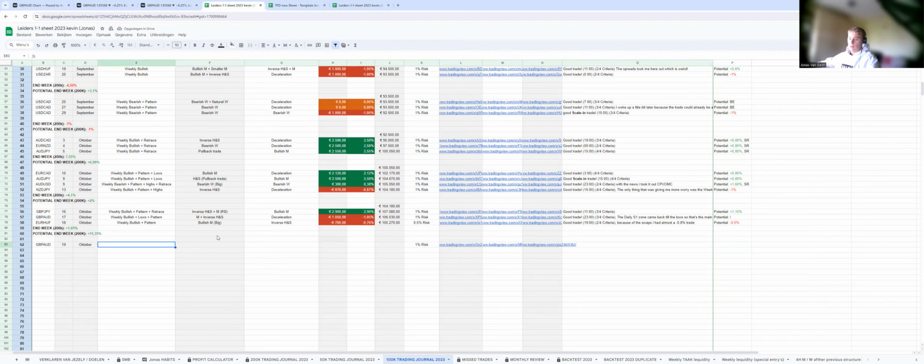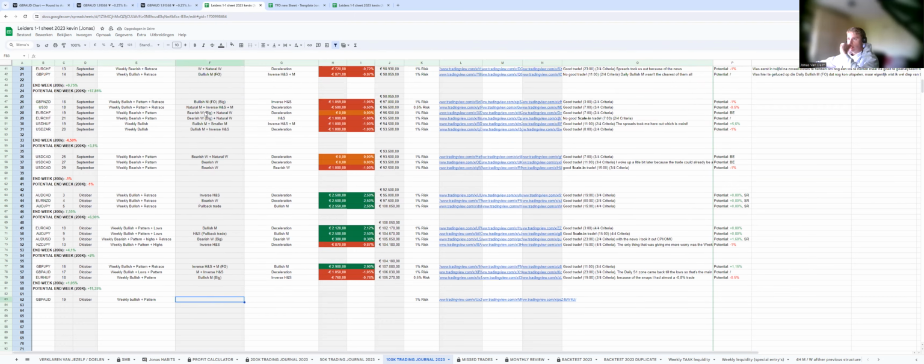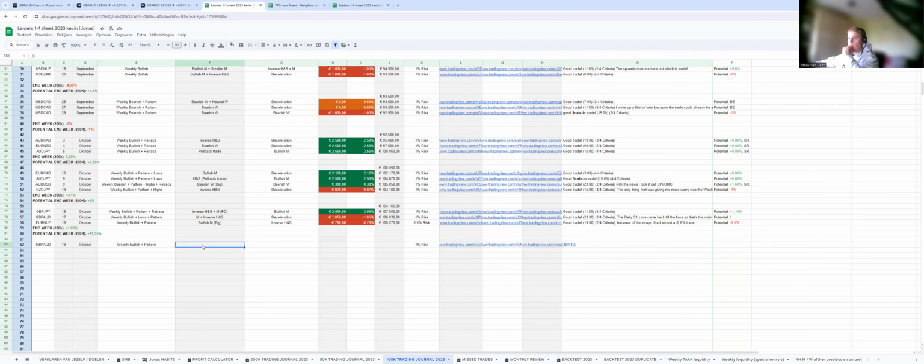Then what did we receive on a weekly? We were in a weekly bullish trend. Weekly was bullish for me. Then we had a pattern like that. On the daily, we had a pattern within a pattern. So this is my daily pattern that we can receive.